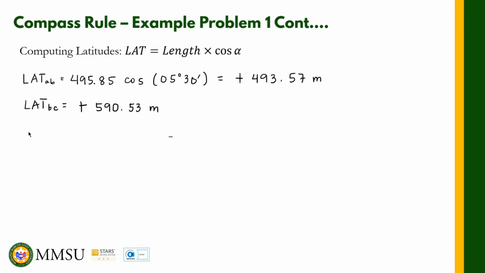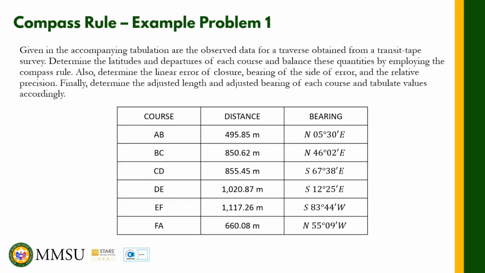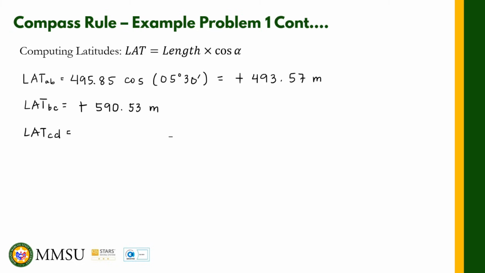meters. Okay, for the next one, we have latitude CD. For latitude CD, we are going to multiply 855.45 multiplied by the cosine of 67 degrees 38 minutes. This is south. Ibig sabihin, our answer should be negative.